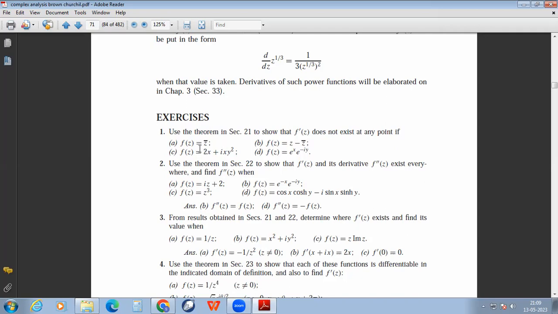So you'll come to know what is your u, what is your v. Accordingly, you go with. This is z minus z bar. So write z as x plus iy, accordingly z bar. Collect u, collect v, and show that the Cauchy-Riemann equations fail. Same here. Are you getting me? Yes, ma'am. So hope you'll try to do it.